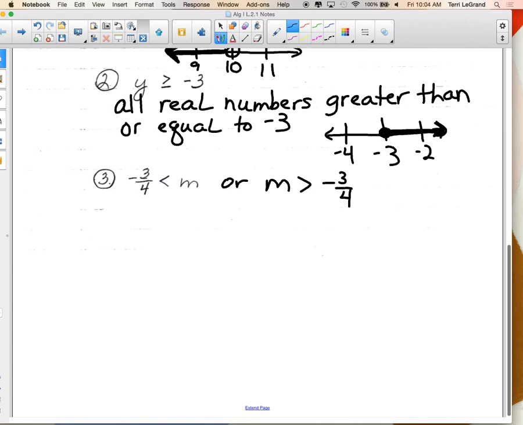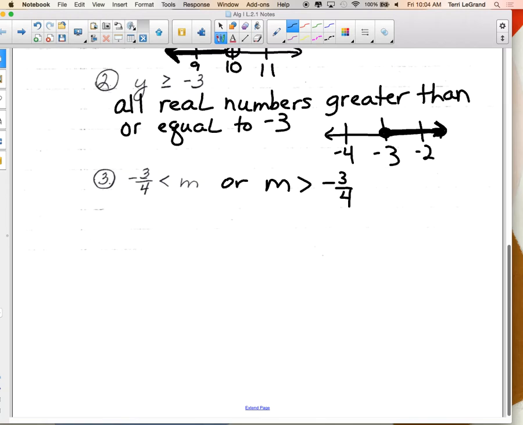Now, in my world anyway, it seems to work better for me when the variable is on the left side of the inequality rather than the right side. This one says -3/4 is less than all the real numbers m can be.